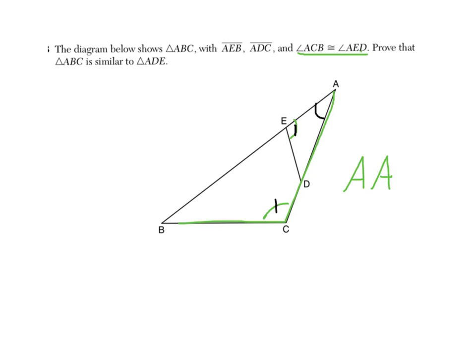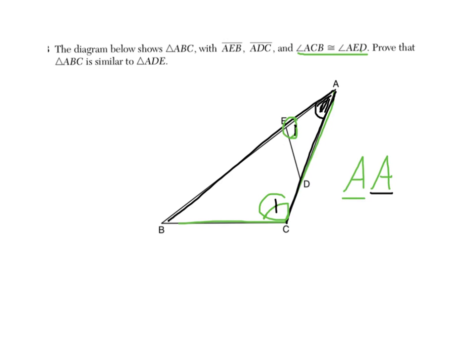That's angle A. Angle A is in the little triangle. It's also an angle inside the big triangle. So I've got two triangles that have two angles that match up. Angle A is in both, and these angles here are also matching.